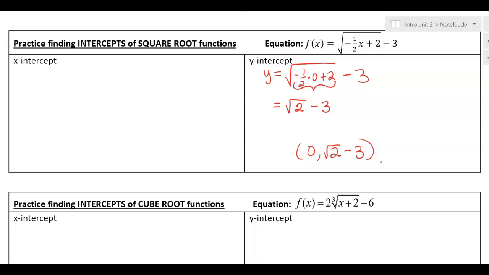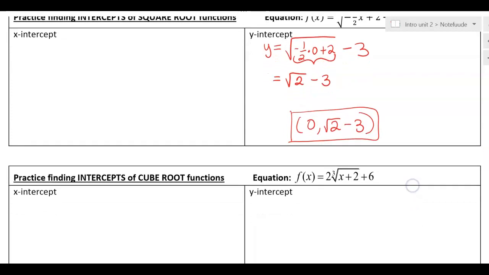Like, the square root of 2 is 1 point something-ish. If you do that 1 point something-ish minus 3, do you see a place on your graph that makes sense, that that number shouldn't be at like 10 or something, right? Okay, that kind of idea. So that's our y-intercept. If we had like the square root of 16 in there, we would finish simplifying because we know the square root of 16 and we'd make the number simpler for ourselves.